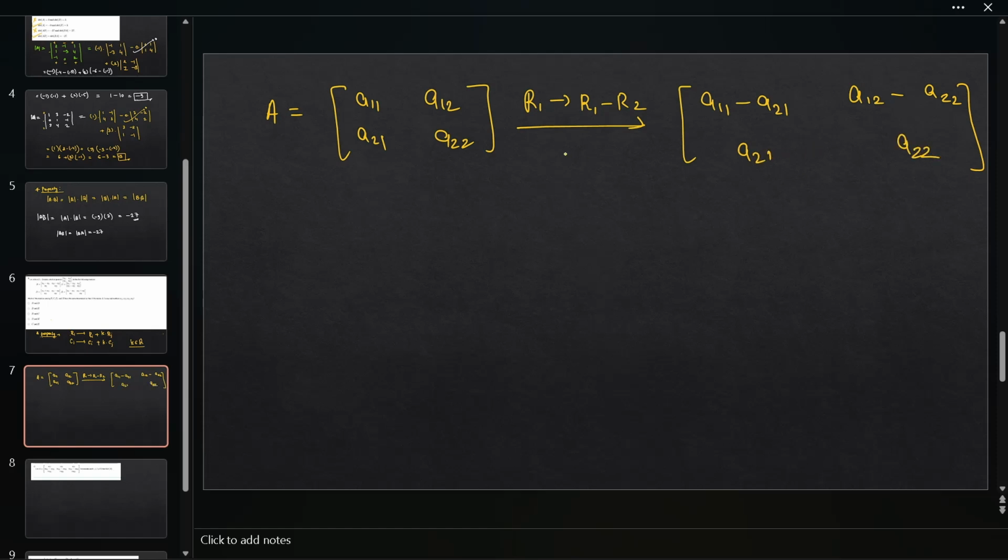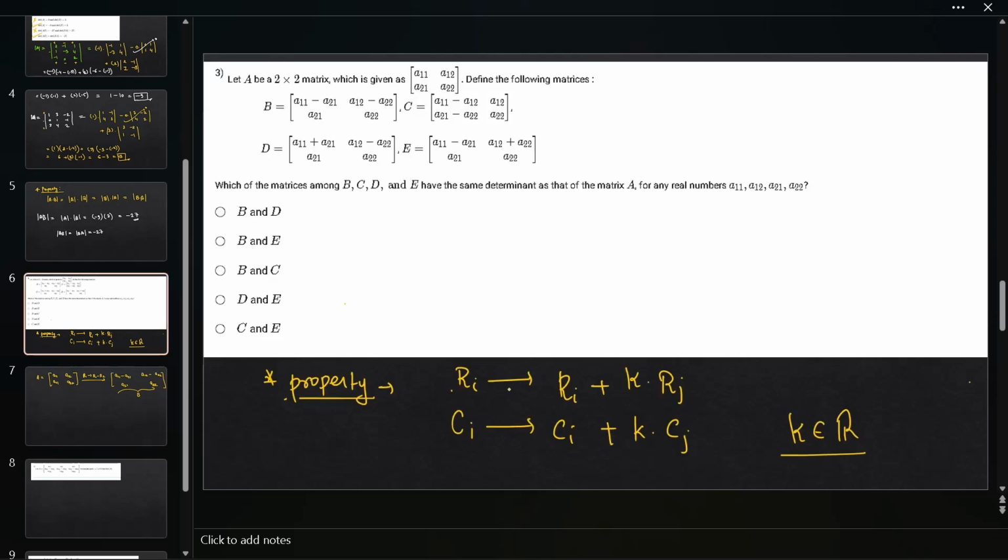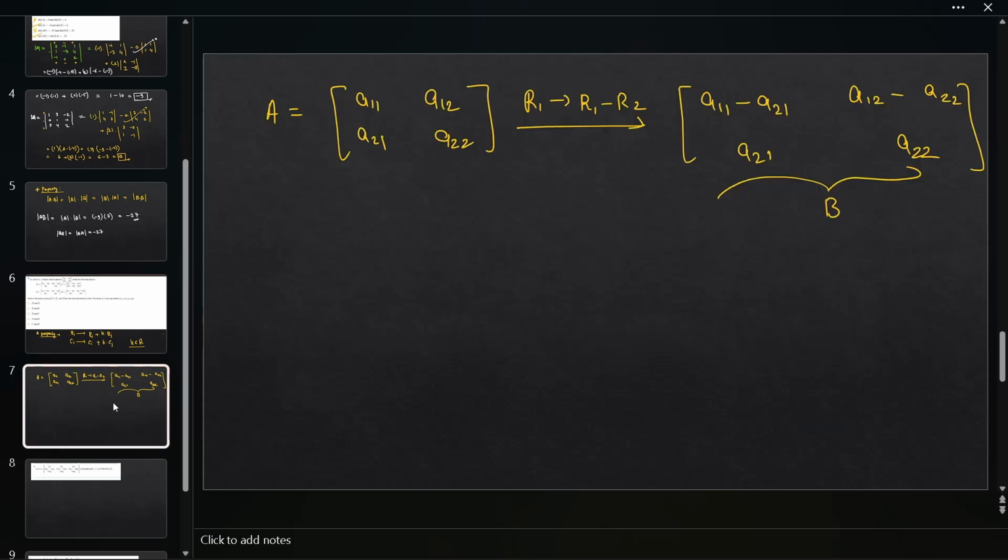So here we did a single row operation and we achieved B. As we saw, according to that property, if you do such a row operation, the value of determinant does not change. So that means the determinant of A is equal to the determinant of B.